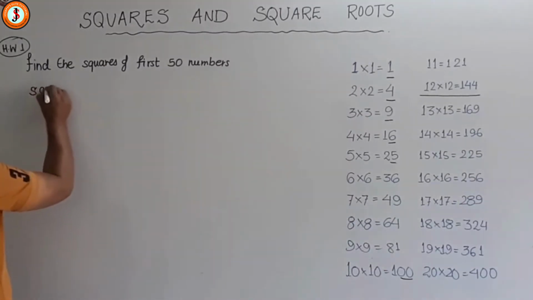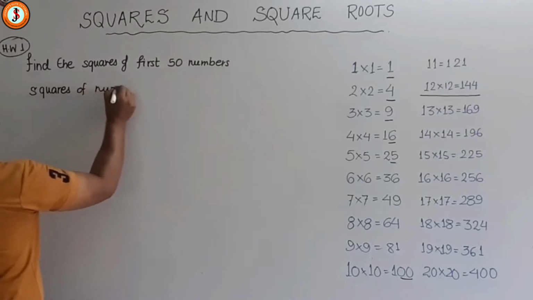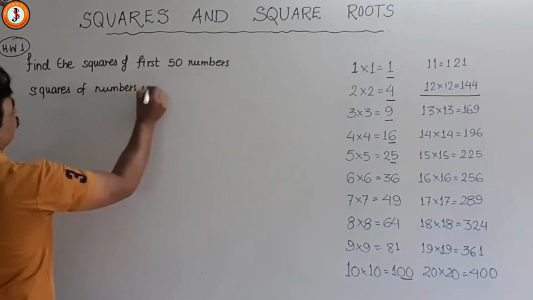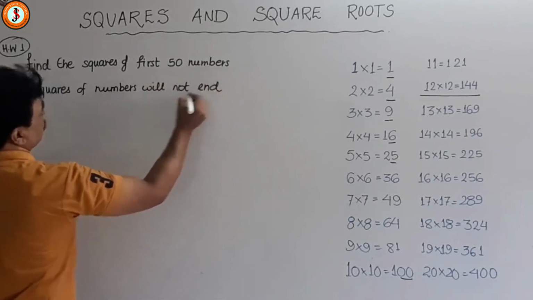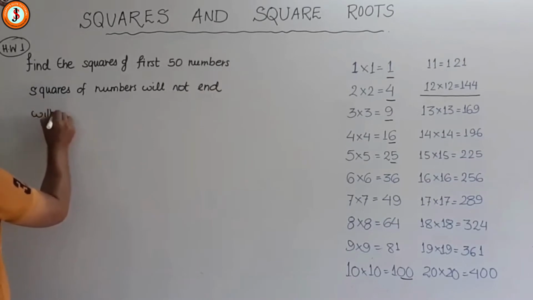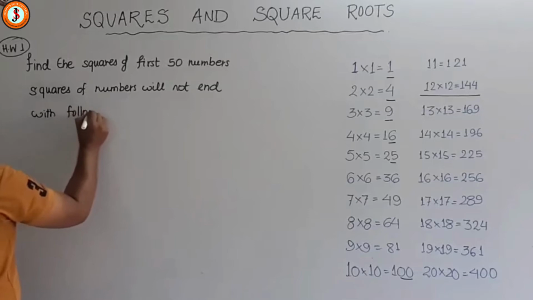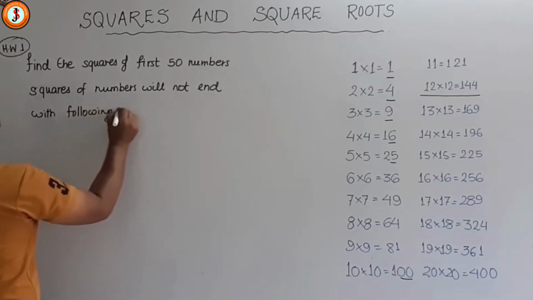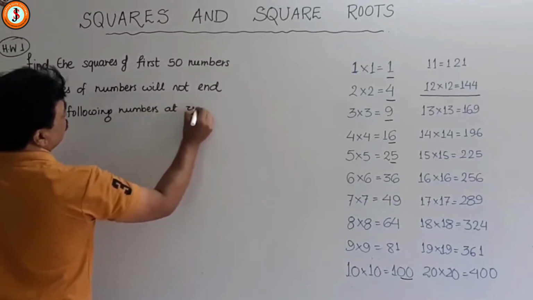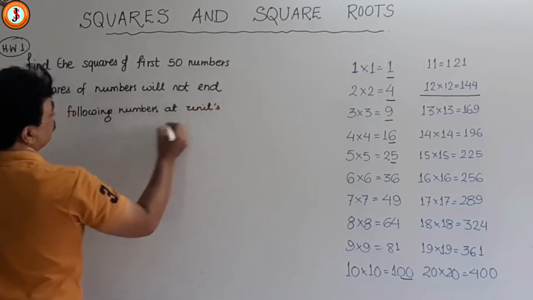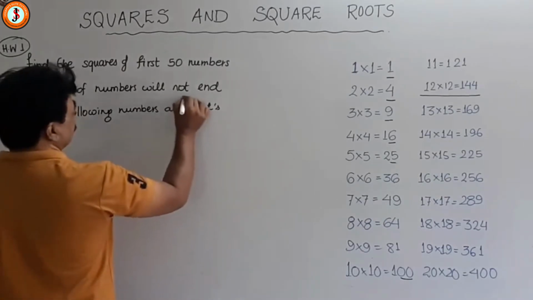So the squares of the numbers will not end with, that is what we will write. Squares of a number will not end with the following numbers at its units place.